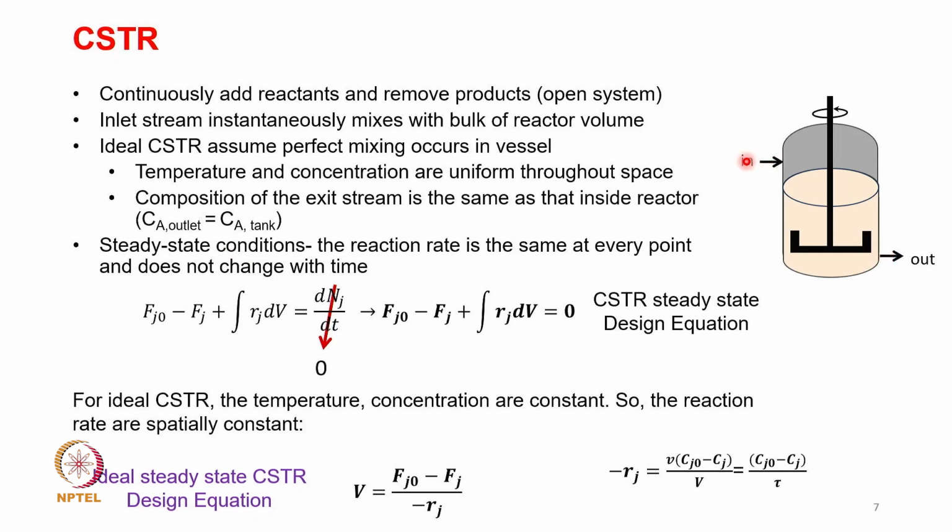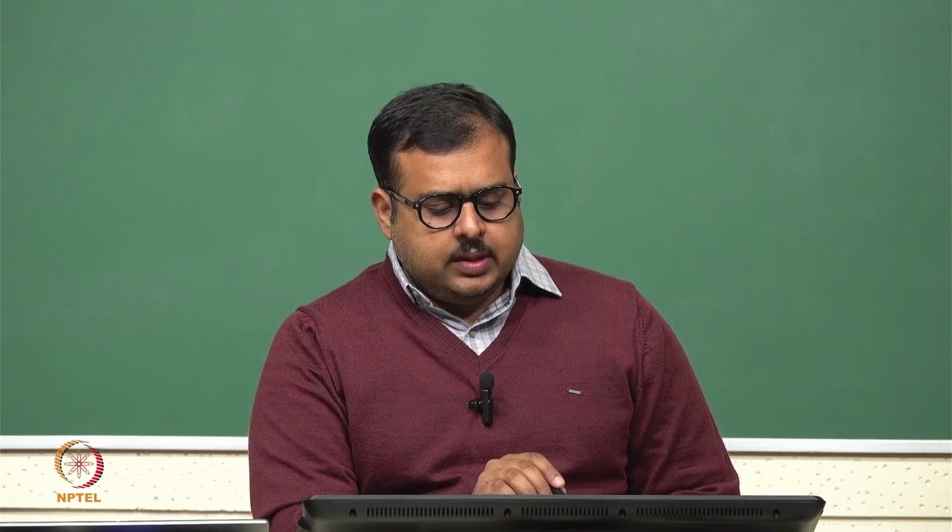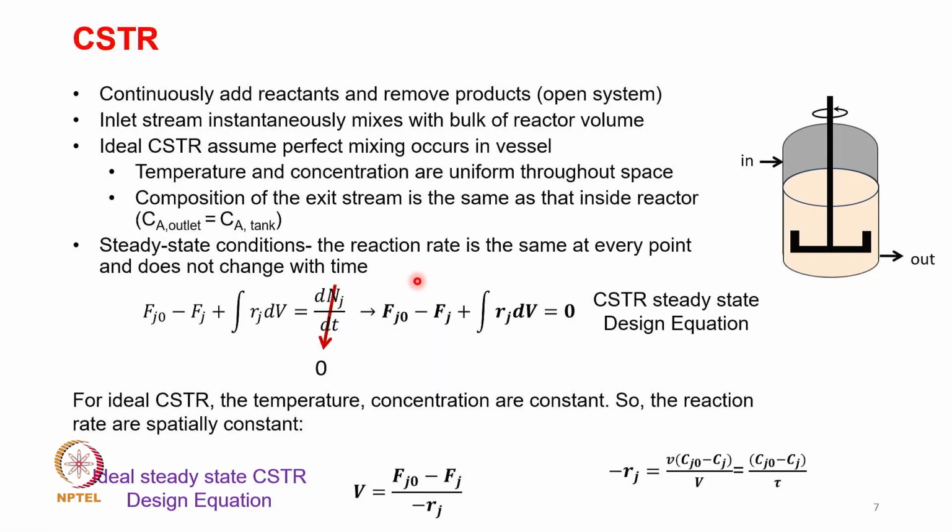Since there is a constant inlet and constant outlet, the reaction eventually reaches a steady state, and the reaction rate would be the same at every point and will not change with respect to time.